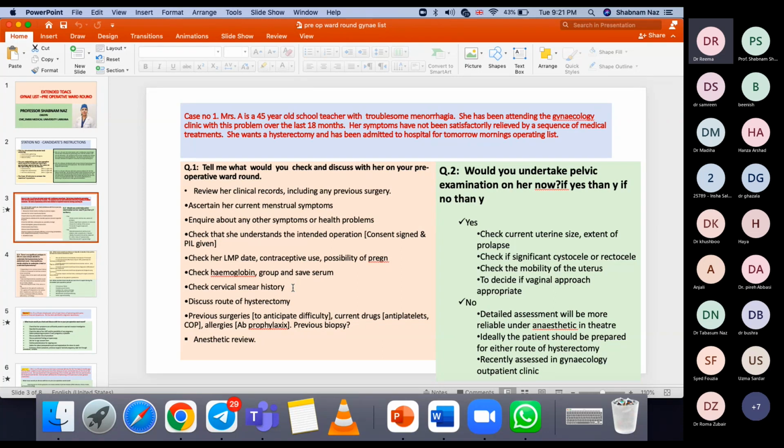I will confirm the anesthetic evaluation has been done, and after that I will look for any comorbidities such as hypertension and diabetes, and whether they are controlled or not, and the previous surgical history, and any drug allergy. I will reconfirm any drug allergy from the patient, and addiction.